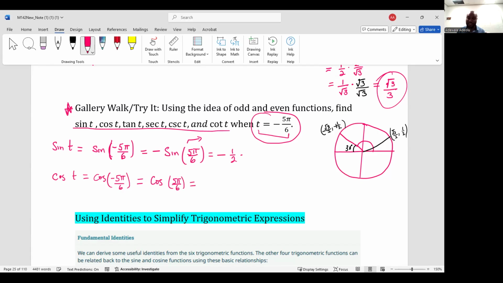And with that, this is our 5 pi over 6 here. So the x value there is negative root 3 over 2. That is that.